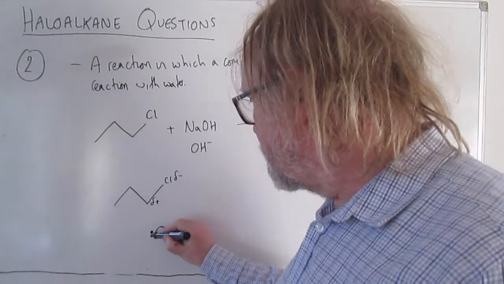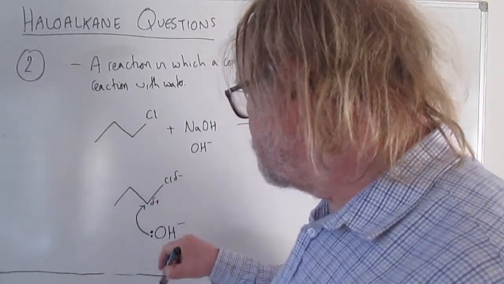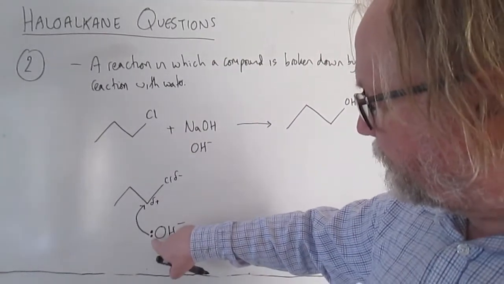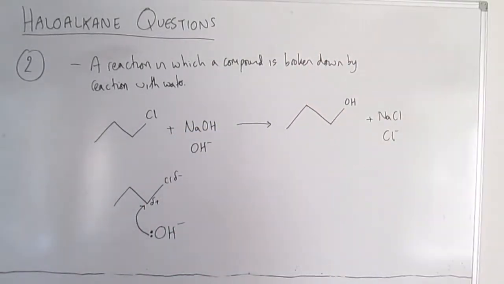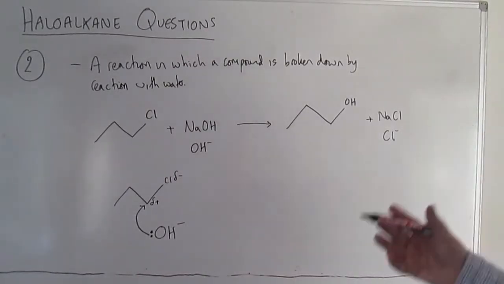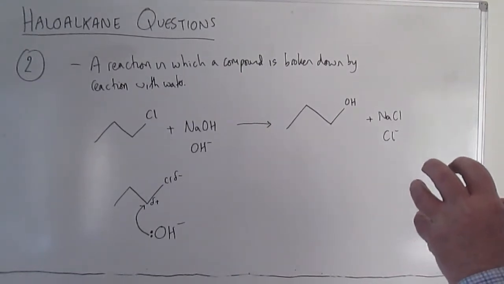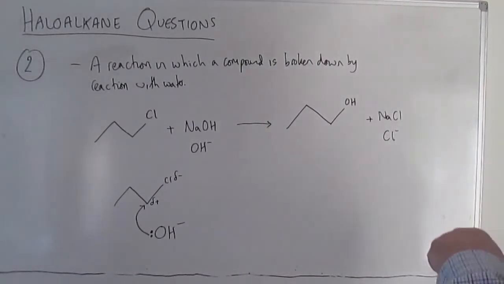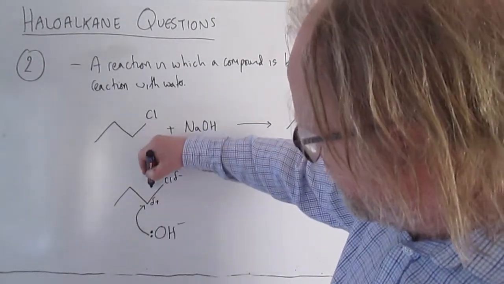And so it uses that lone pair to attack the delta positive carbon, and you draw the curly arrow like that, so it must come from the lone pair to the carbon that's being attacked. And as we've seen now in electrophilic addition as well, as one pair of electrons moves in on a carbon like that, it will generally nudge out another pair, and so this bond breaks at the same time as that one's forming.